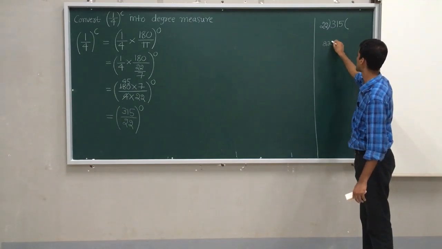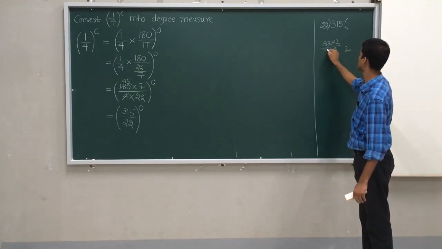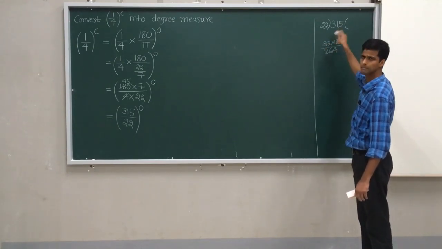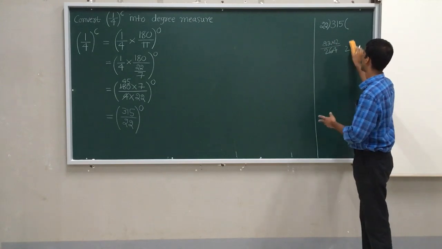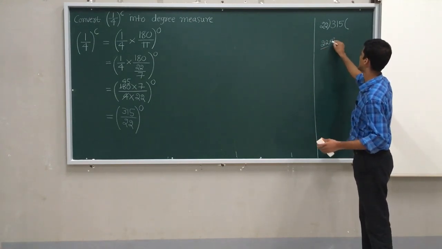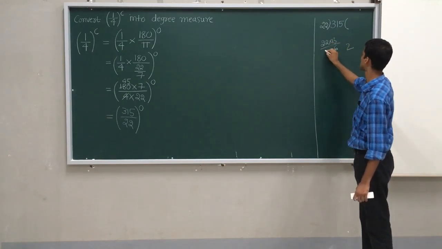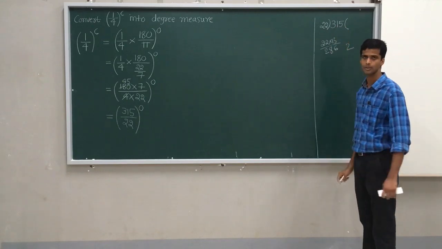Let me try 22 twelves: 12 twos are 24 plus 2, 26. Again a larger distance. Let me try 22 thirteens: 13 twos are 26 plus 2, 28. Again, a bit far.